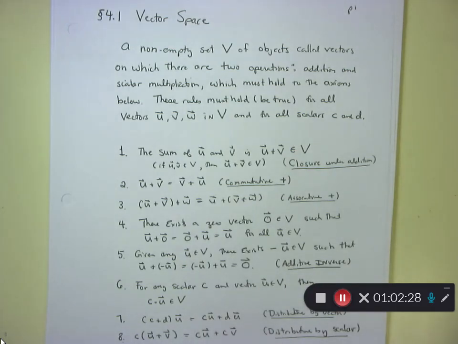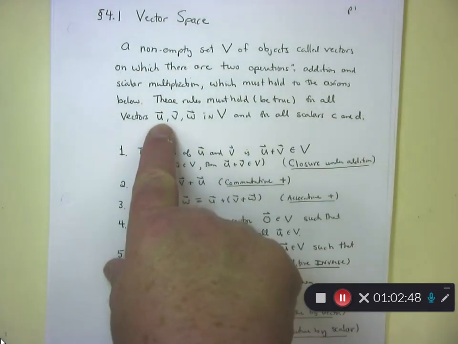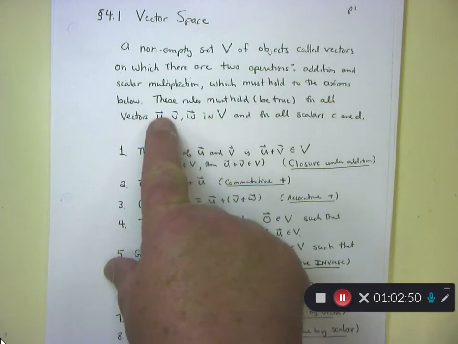Vector space. A non-empty set V of objects called vectors on which there are two operations, an addition operation and a scalar multiplication, which must hold to the axioms below. These must hold or be true for all vectors u, v, w. You see the little lines I put above it?